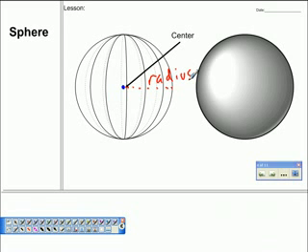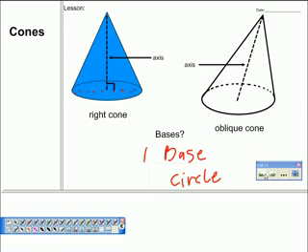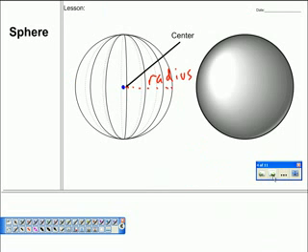How is this one different than all the other ones? Well, if we look at all the other shapes, cones, cylinders, and when we get to the other ones, all of those are made up, have at least one part that is a two-dimensional shape, right? For cylinders and cones, that two-dimensional shape is a circle. If I cut this in half, then I'll have a couple circles, but there's no flat side to it anywhere.